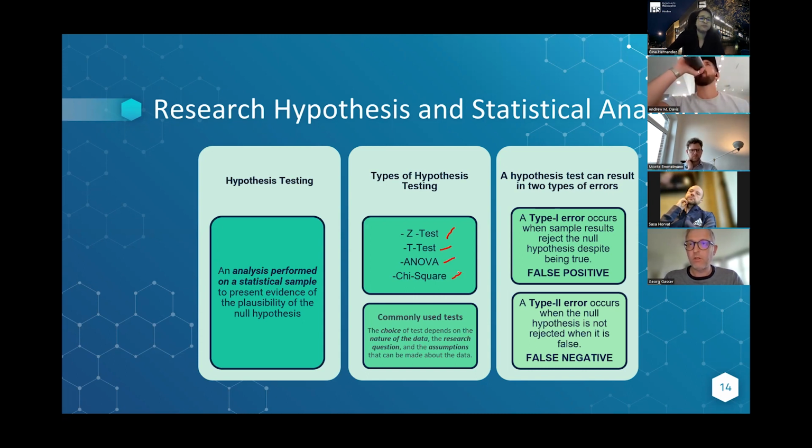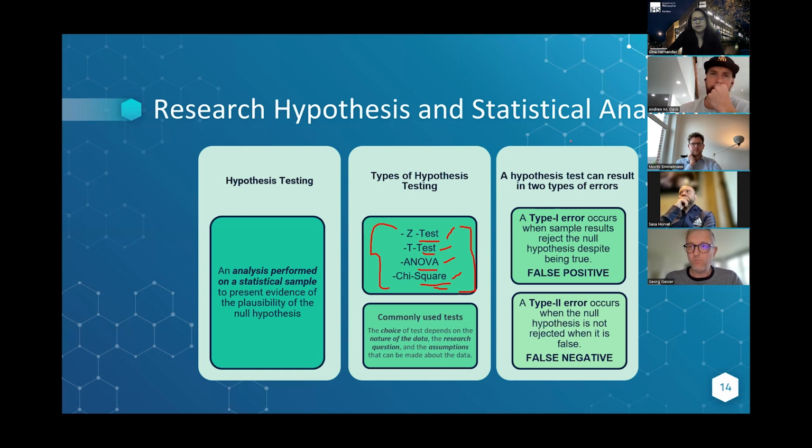We have more than these, but these are the ones commonly used. The selection of one or the other will depend on the nature of your data, on your research question, and on the assumptions made by each of these tests. So you can run any of these tests to explore the relationship between your variables.